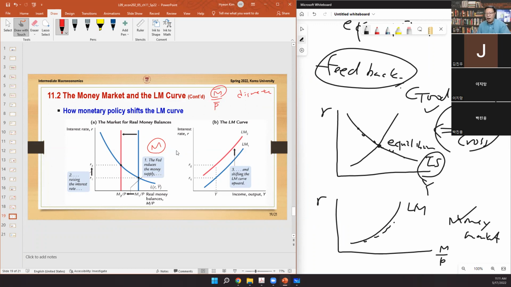For example, yesterday I watched a news article about a meeting between the chairman of the Department of Finance, I'm not sure about the full name, and the chair of the Bank of Korea. They met to discuss how to control skyrocketing price levels.